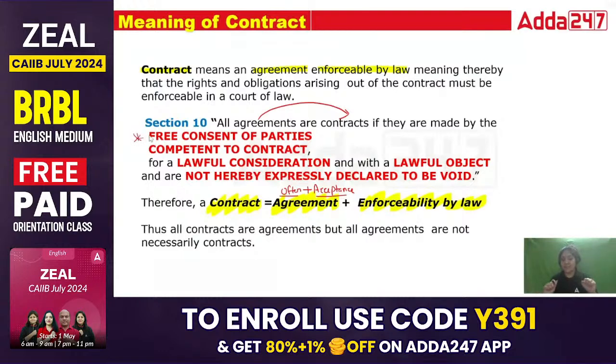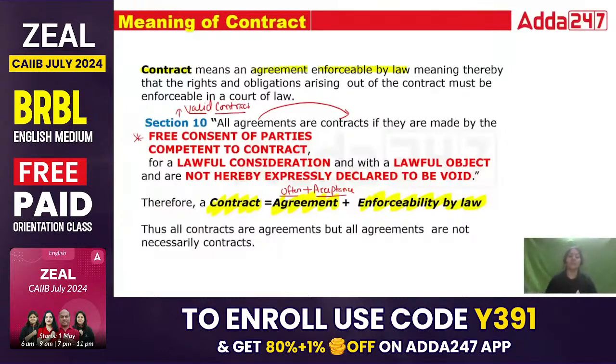Free consent means, suppose two persons are making a contract, they have to enter into the contract freely. We should not pressure anyone that you have to do this contract. If we are pressuring, it is not a valid contract, because Section 10 talks about the valid contract.